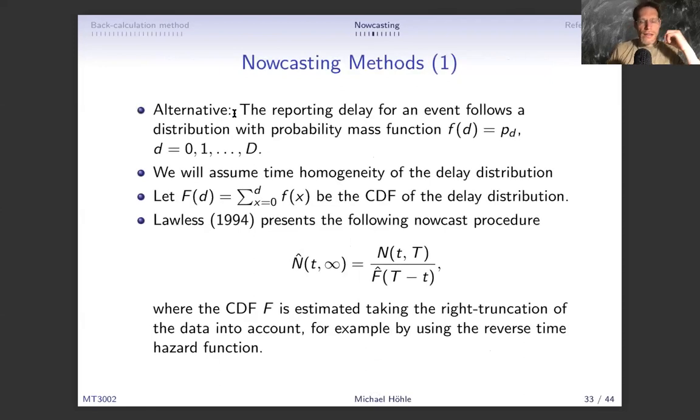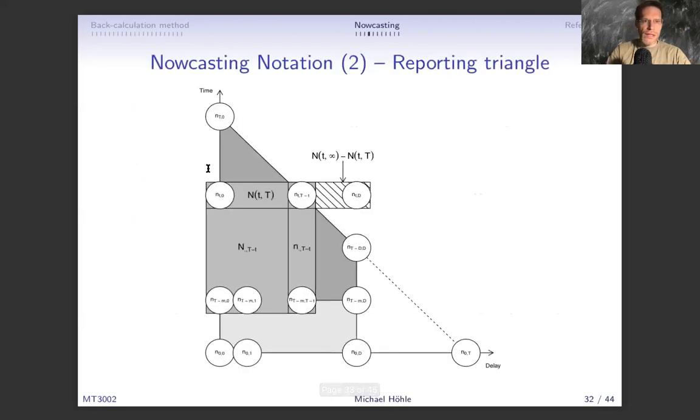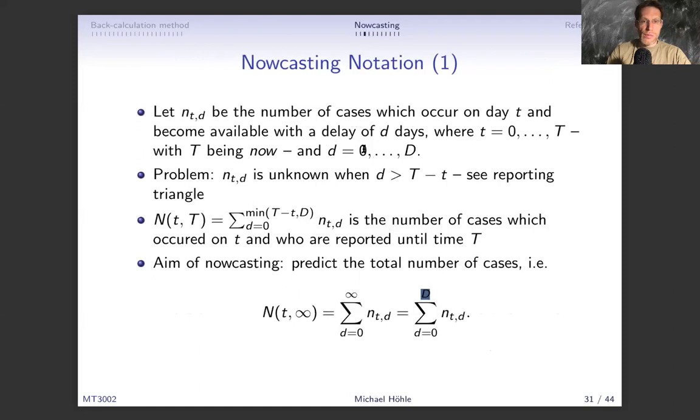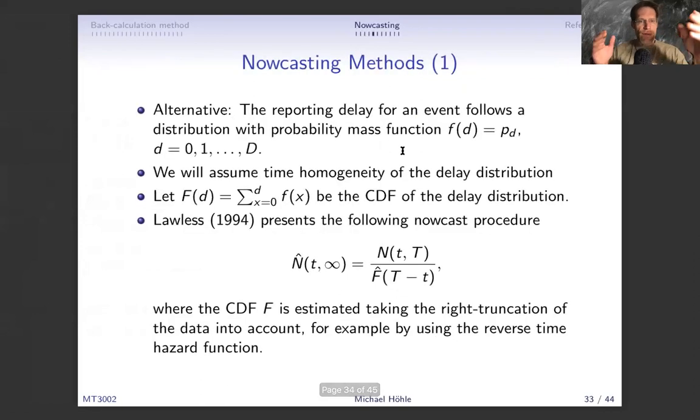So what are the methods that you can use for nowcasting? The first thing is you need to know what's governing the delay, whether it will be 0 days, 1 day, or capital D days. That's very similar to the incubation time distribution, which we looked at in part A of this lecture.